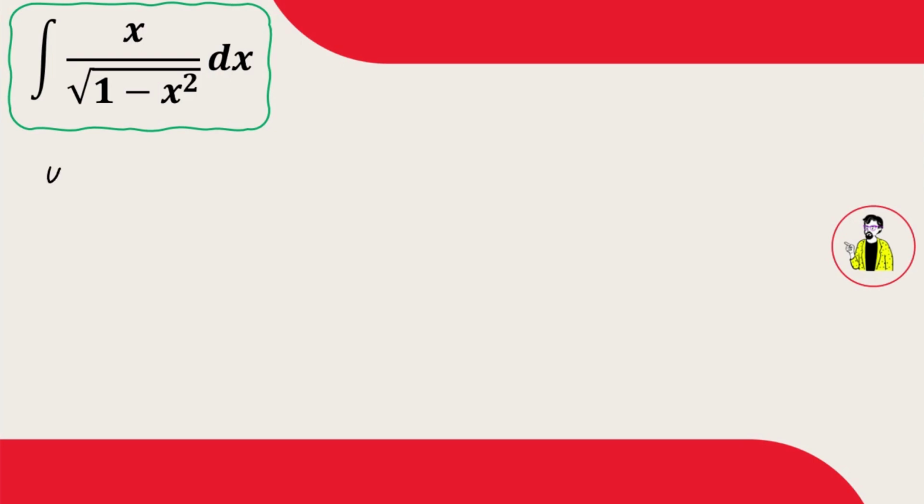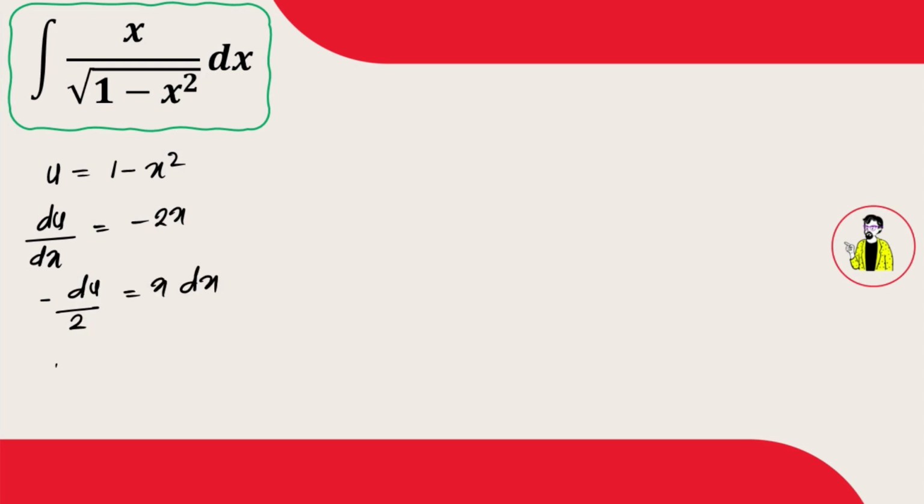Now we use u as 1 minus x squared and differentiate this part, du over dx equals minus 2x. So minus du over 2 equals x dx. So we substitute into the integral.